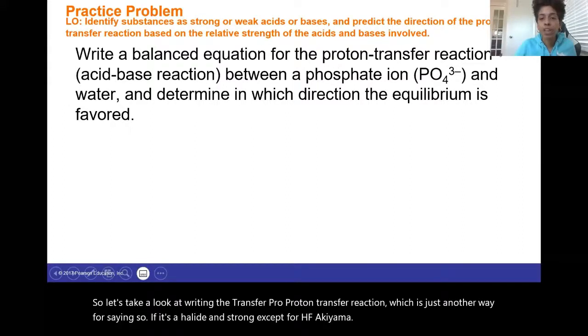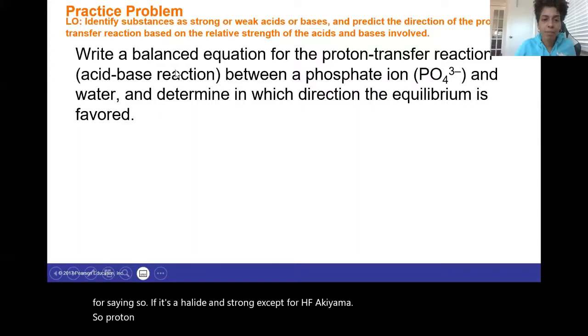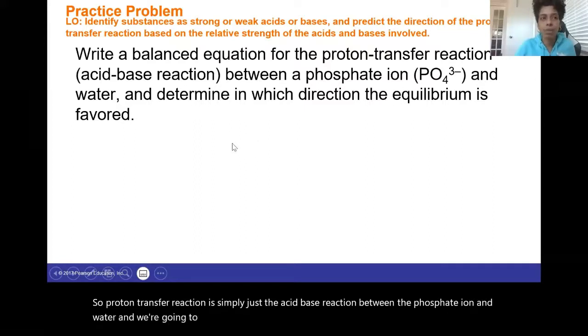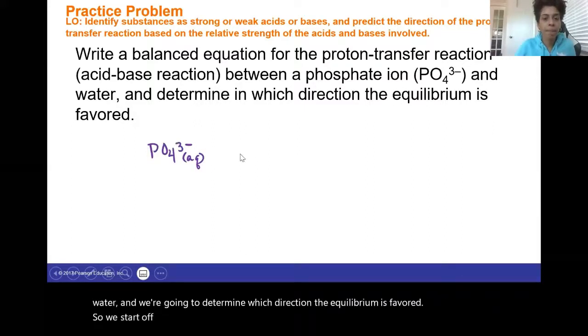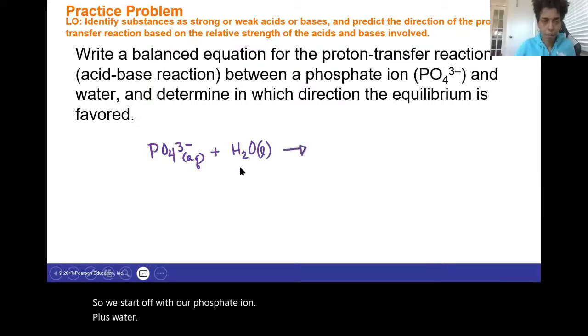So proton transfer reaction is simply just the acid-base reaction between the phosphate ion and water. And we're going to determine in which direction the equilibrium is favored. So we start off with our phosphate ion plus water. And our products are going to be what?